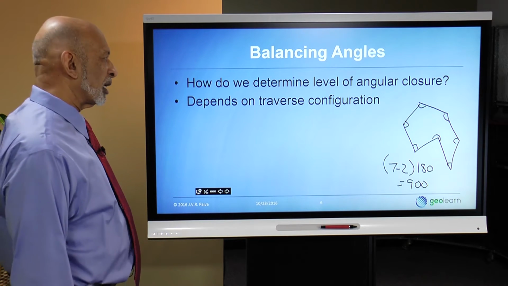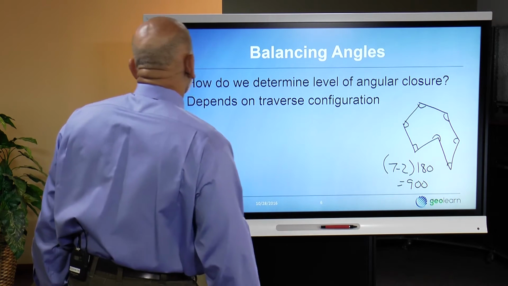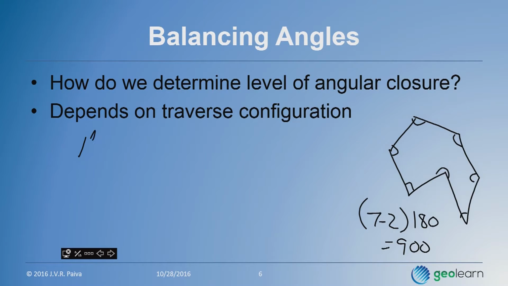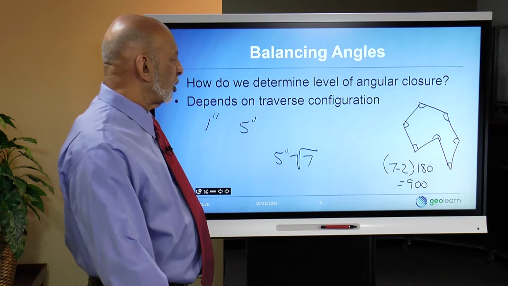But if you have an instrument that can read to 1 second, and let's say its nominal accuracy is in the 5-second range, then for an acceptable angular error of closure you would want something like 5 seconds times the square root of 7 to be your maximum value.